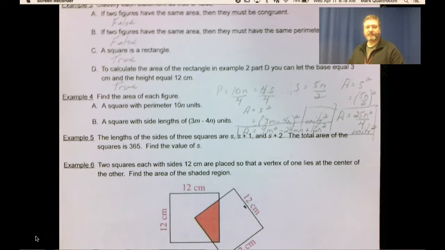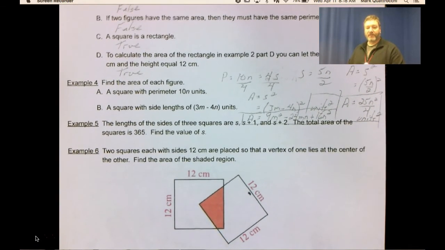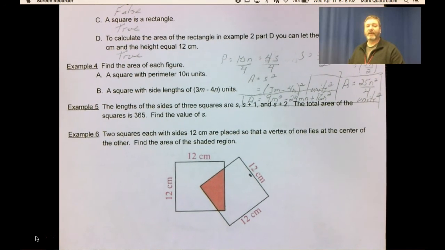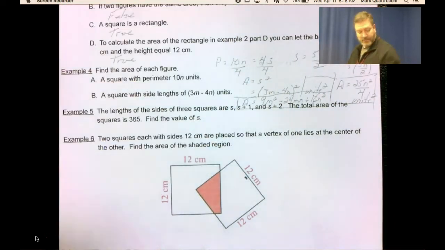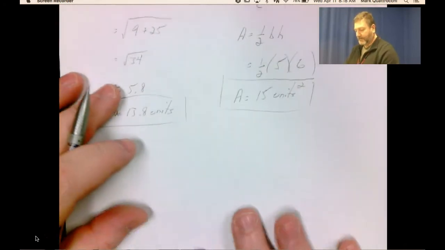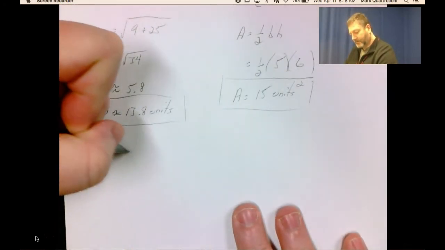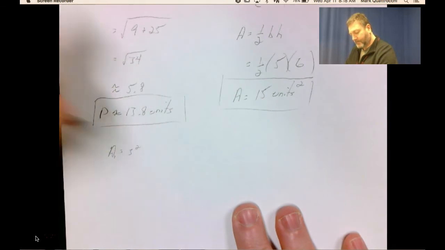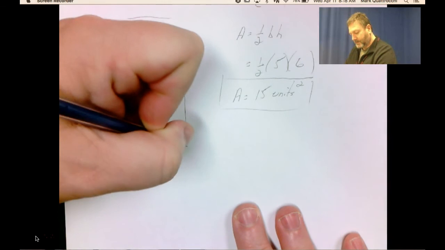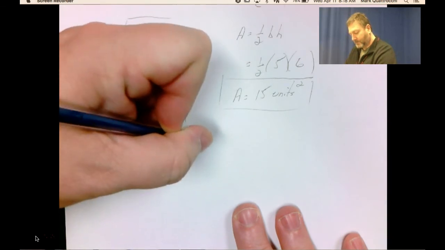Example 5. The lengths of the sides of 3 squares are s, s plus 1, and s plus 2. The total area of the squares is 365. Find the value of s. So, I'm going to give myself a little bit more space here. So the area of the first square is s squared. Area of square 2 is s plus 1 squared.